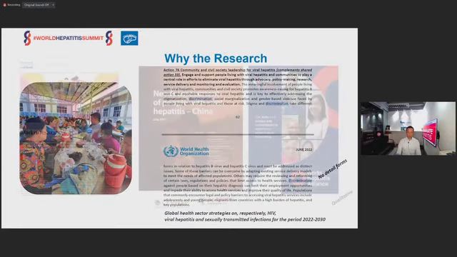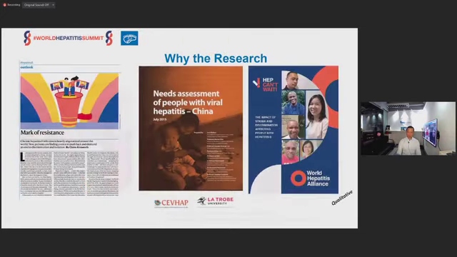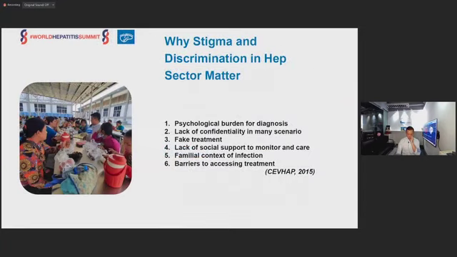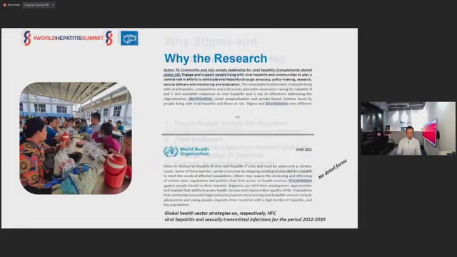Why the research? When we take a look at the global health sector strategies on HIV, STIs, and hepatitis for the period of 2022 to 2030, we couldn't find any specific definition of discrimination and stigma.